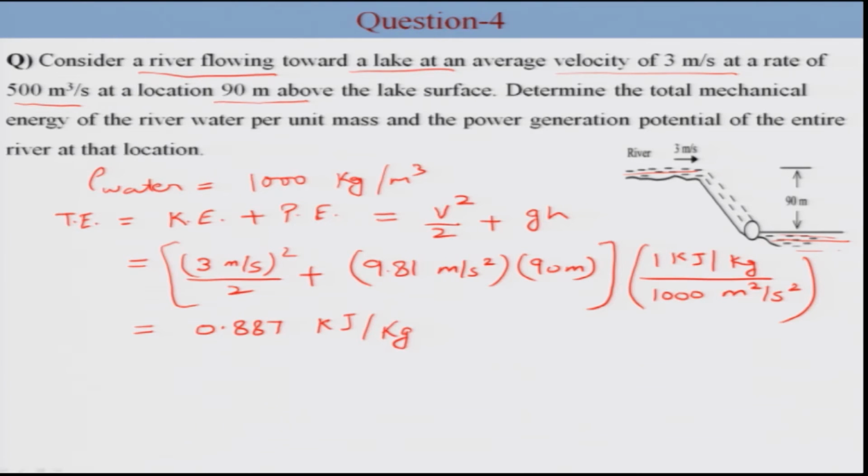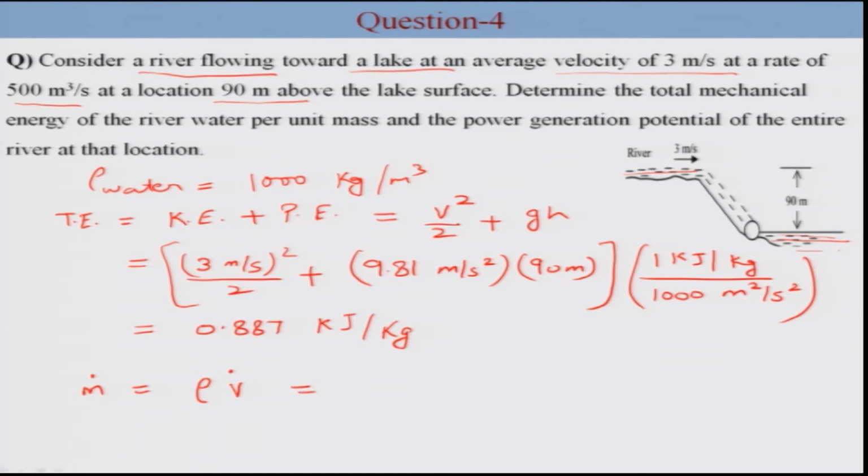Now, we have to determine the power generation potential of the entire river at that location. So, the power generation potential is this energy multiplied by the mass flow rate of the river. Mass flow rate is density multiplied by the volume flow rate.